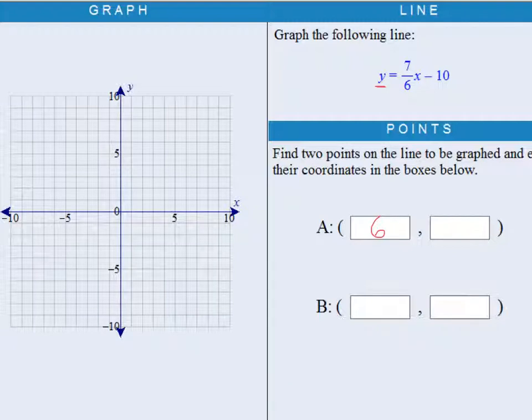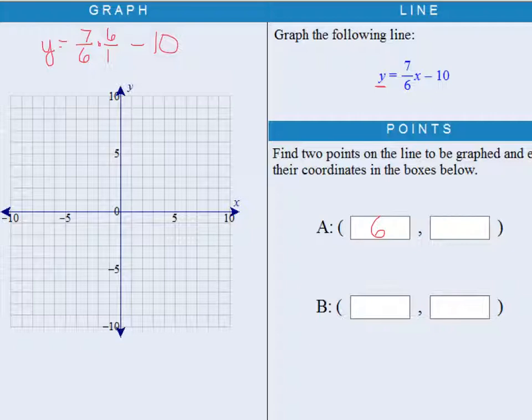So then what I'm going to have is y. I'm going to kind of come over here because I don't have much room to work. So I have y equals 7/6 times x. Well, my x is 6. I'm going to write that as 6/1 for right now since I'm multiplying by the fraction. And then I still have my -10.